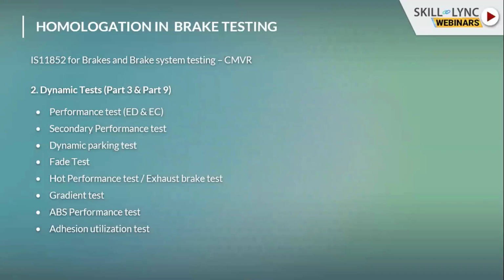ED and EC denote the engine disconnected and engine connected stages. The performance test value defines how good a braking system is. This is a very basic test of any vehicle equipped with an air brake system or a hydraulic brake system. It depends upon the vehicle energy source.